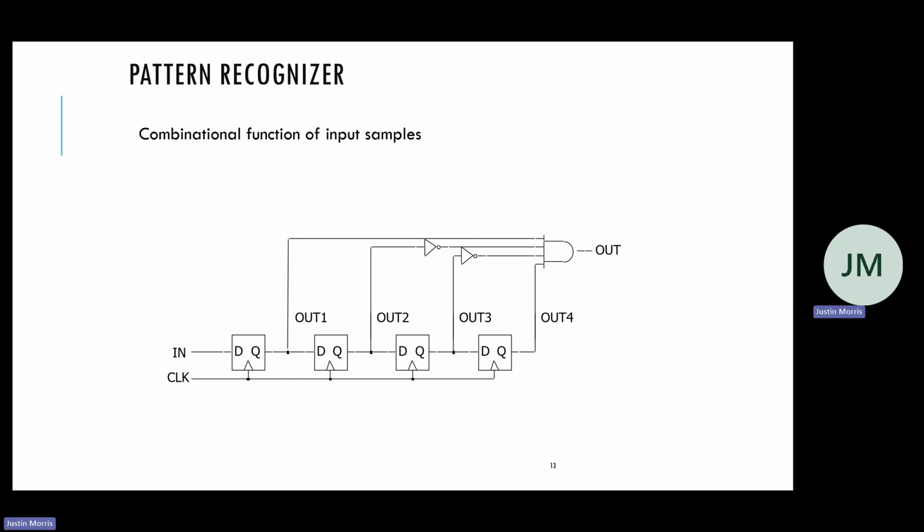We can have this bit stream like 0, 1, 1, 0, 1. And we want to recognize some pattern. So in this case, we're going to output a 1 if we ever see 1, 0, 0, 1.